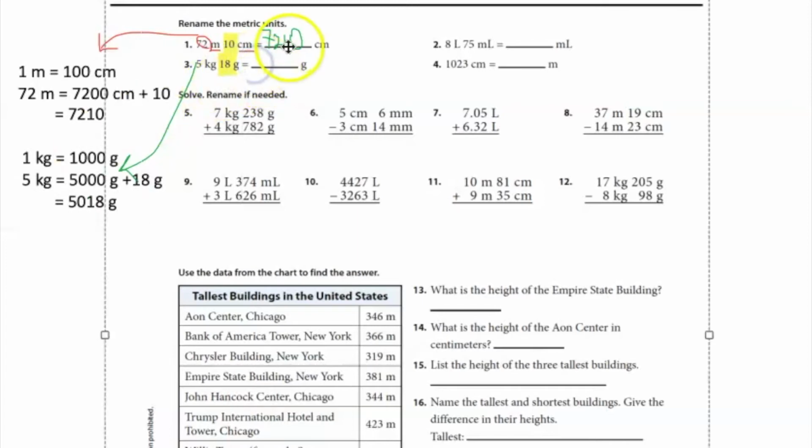Let me write it here with my green pen. 5,018 gram. I hope you should be able to do number 2 and 4 on your own. And let's see number 5.